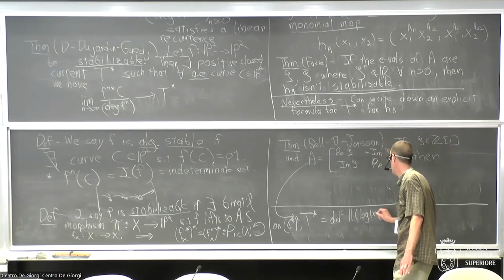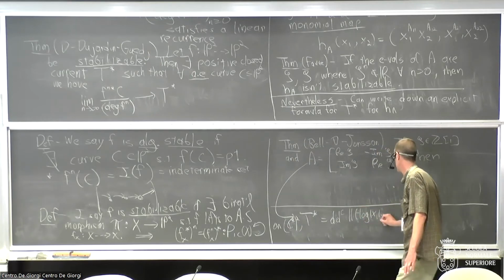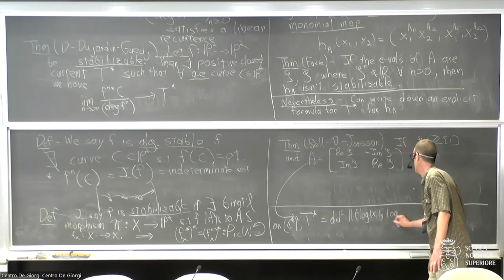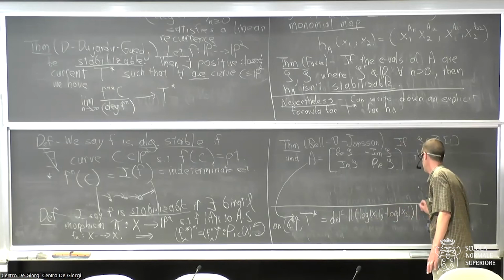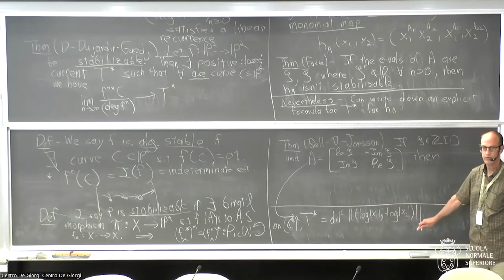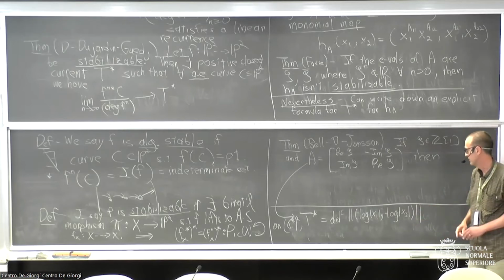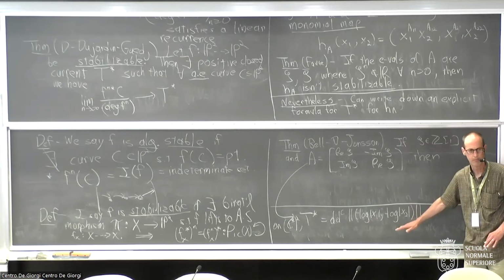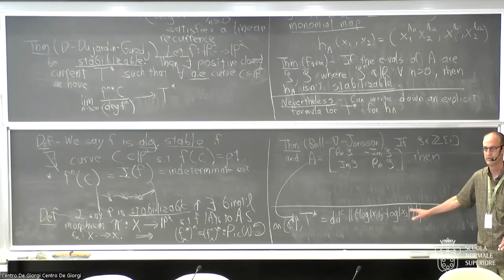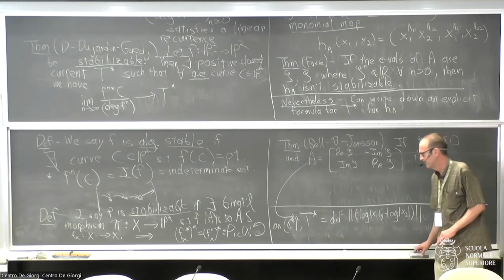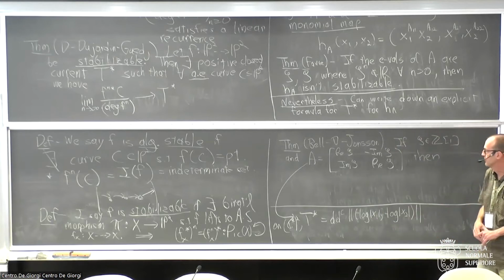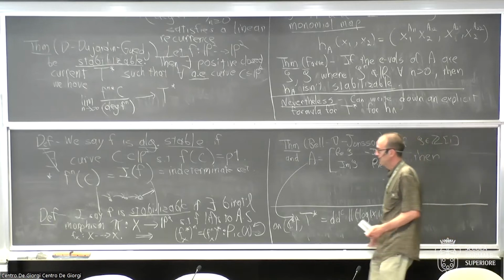Log mod x1, it's standard to put a minus sign there, log mod x2. Okay, this is it. This is a formula for the equidistribution current. You can check, if you like, that it's the right one, at least on C star squared. Although from the current point of view, this one's really bad. If you know anything about Lelong numbers, this one has very strange singularities, even though it's got a simple formula. Okay, so I need to return to that theorem in a little bit.